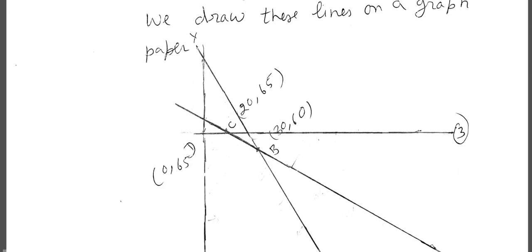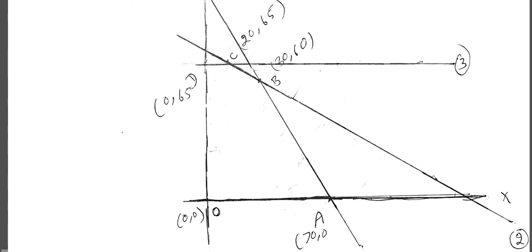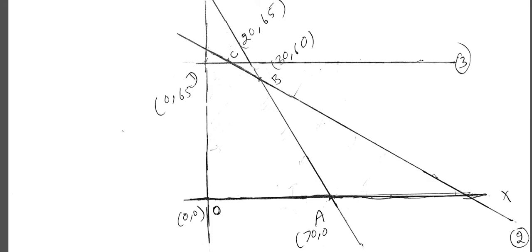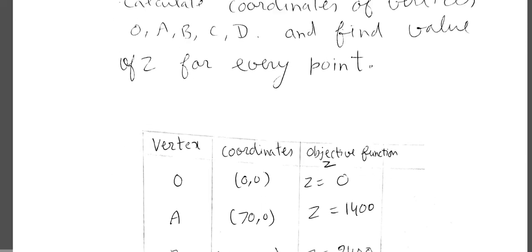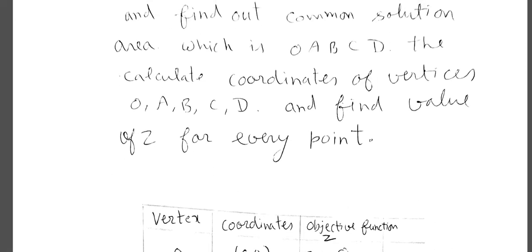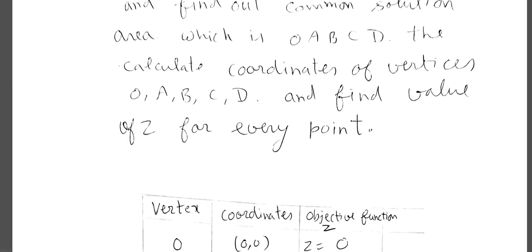Here you can see the common area which satisfies all the conditions is given by O, A, B, C, D. We have to then calculate the coordinates of vertices O, A, B, C, D and then find the values of Z for every point.